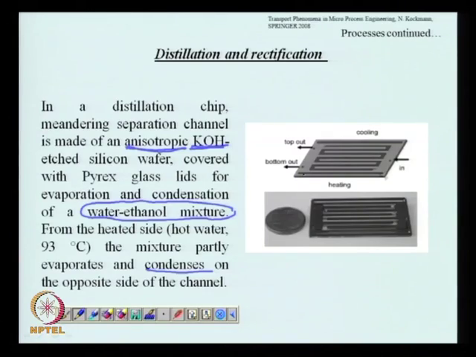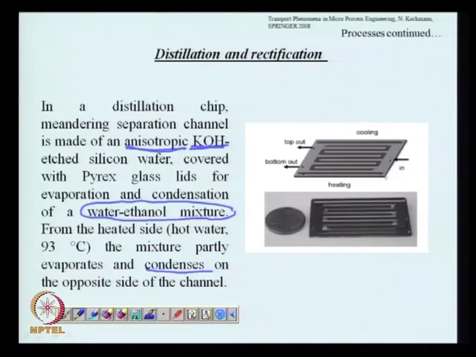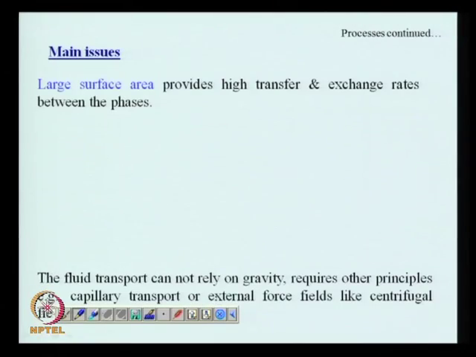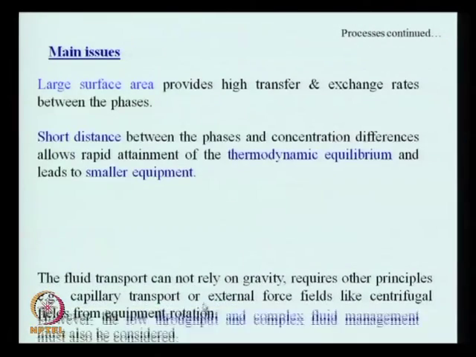The vapor and the liquid are in such close proximity that equilibrium is going to be reached very quickly, very effectively, and then you condense the vapor which has been formed on the other side of the channel, and thereby you can create a condition in which you will have proper enrichment, that is, you are going to get the higher concentration of ethanol at one side and higher concentration of water on the other side. So, such distillation and rectification devices are becoming more common in practice, but there are certain problems which need to be addressed.